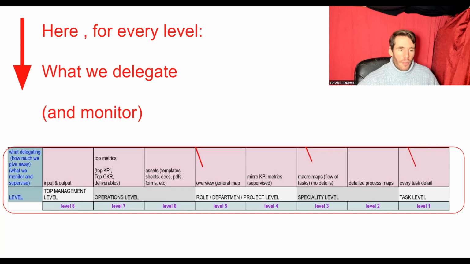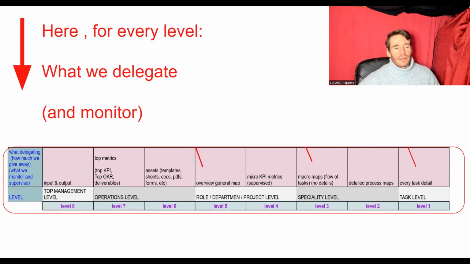So, for example, if you have templates in delegation, sheets, docs, PDFs, or forms, or even software that you're using, if you're delegating the operations, these will not necessarily be needed anymore, because at level 7, the person will be able to create them based on their situation, and could also update them based on their goals, based on the metrics that you give to them.